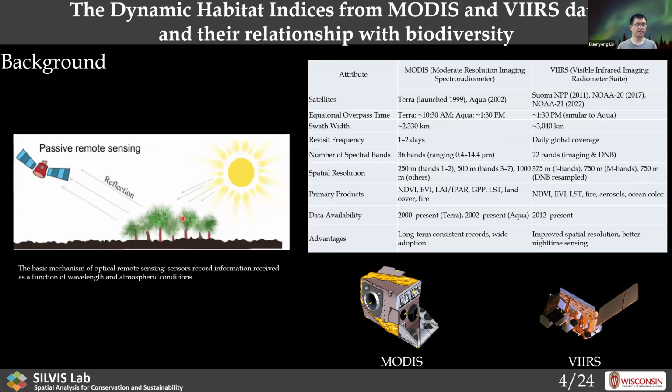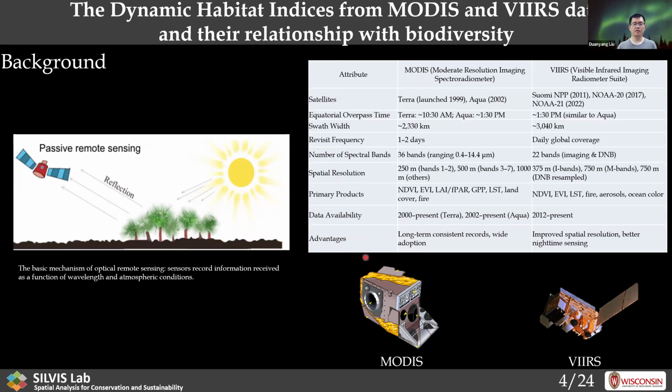The different land surfaces, like vegetation, soil, water, reflect the energy in unique ways. And those sensors can capture this reflectance as digital information and then process this information into image rasters or data layers, allowing scientists to monitor environmental change or assess vegetation health.